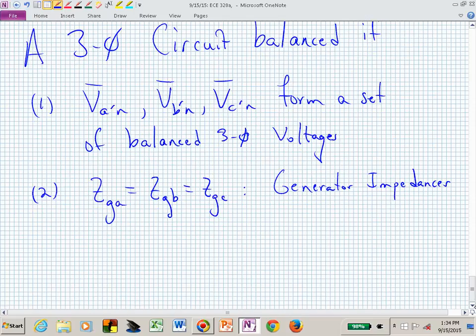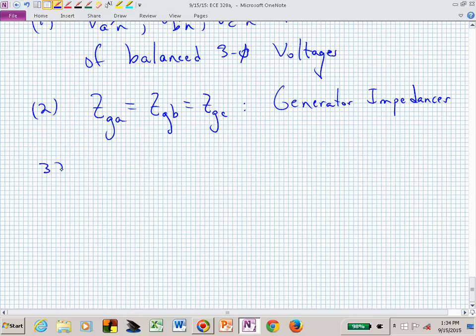We also want the transmission line impedances to be the same. And we need our load impedances in each phase to be the same.